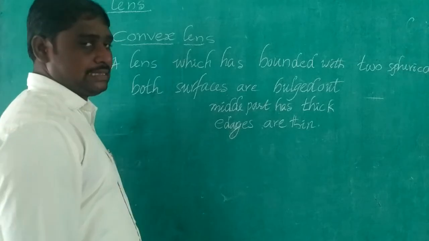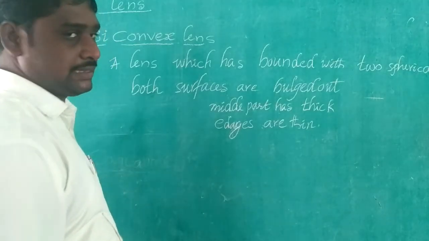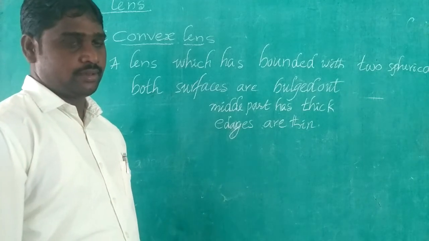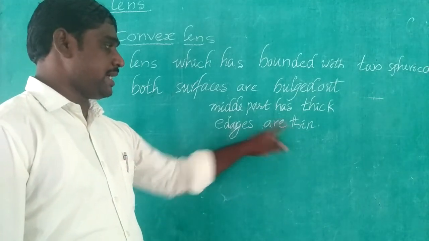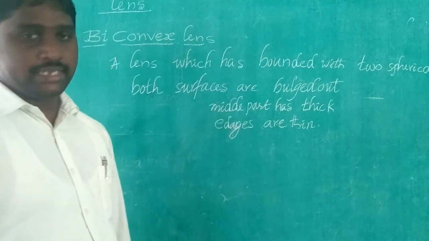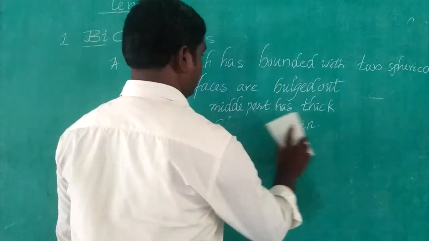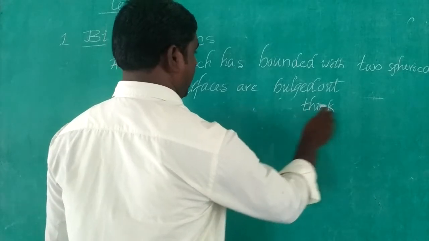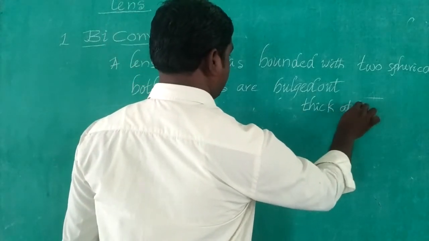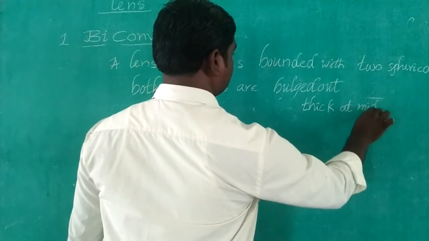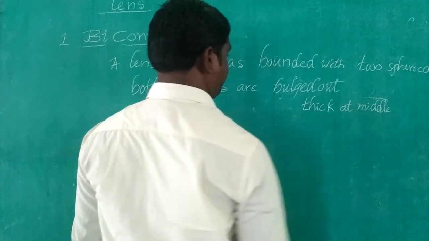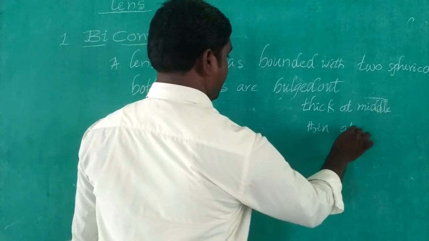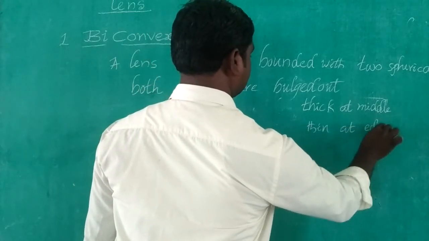The lens which is thick at the middle part and thin at the edges.